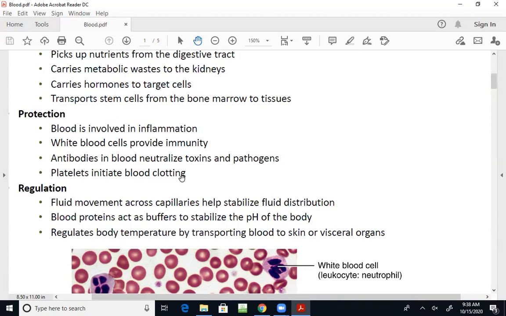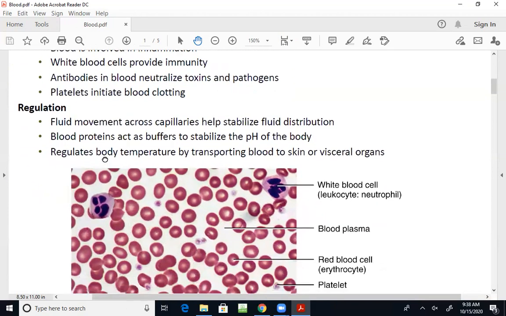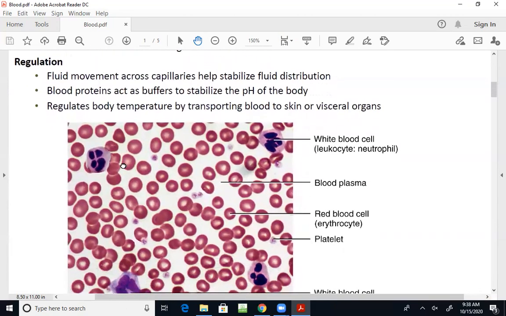Platelets initiate blood clotting, which helps us keep from losing all our blood when we get cuts. Blood also regulates things like fluid movement across capillaries to distribute and stabilize fluid distribution. Our proteins in the blood act to buffer and stabilize the pH of our body.